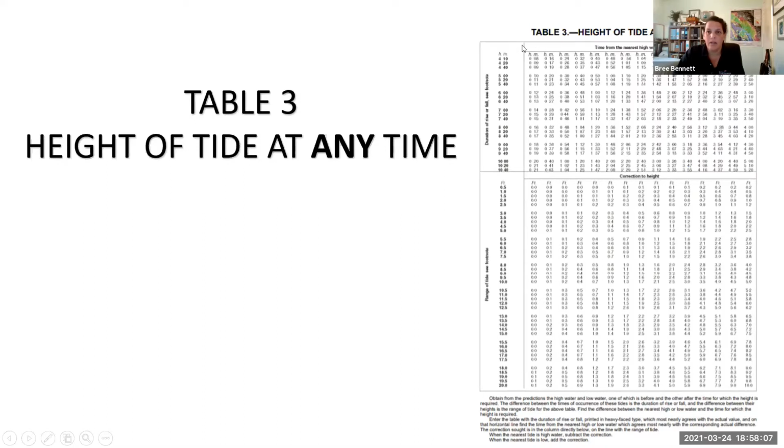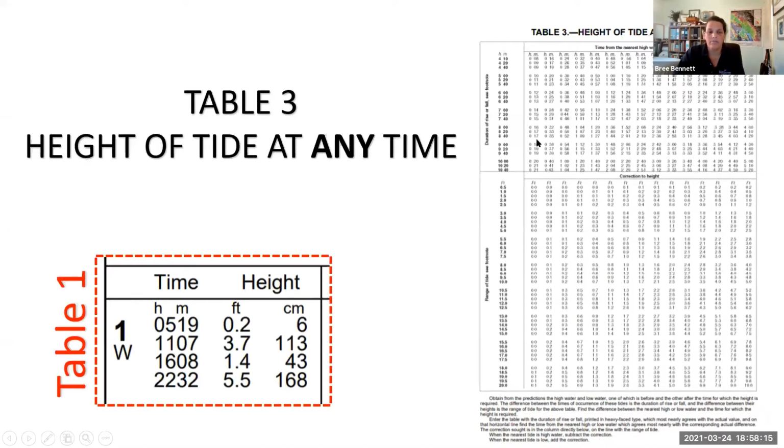So our table 3 has 2 sections. It has the top section here. Okay, so my point on this slide here is table 1 tells us a time and a height, a time and a height.